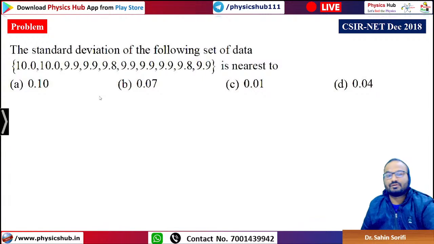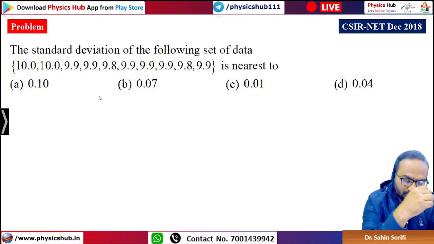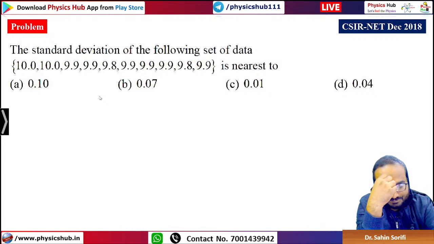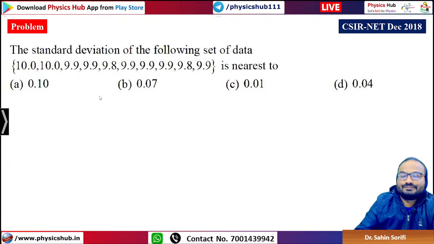The standard deviation of the following set of data is nearest to. So what you have to find out?